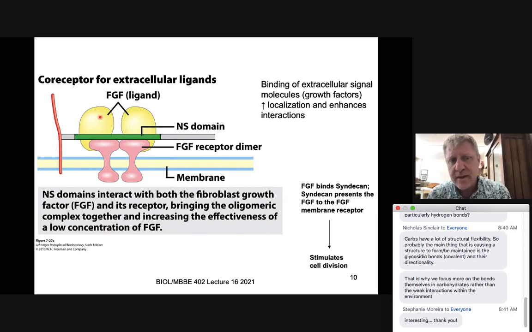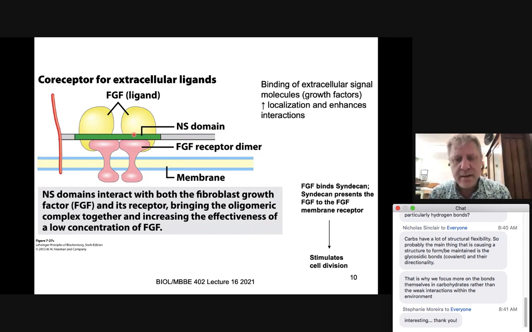And for them to find their particular target is actually going to be a needle in a haystack effect, because there's very little concentration of these, but there's going to be ideally an activational component and a coordination component to get all the receptors together, as well as giving the syndecan, in this case the NS domain, a coordination capacity, because once it's coordinated, it has a higher probability of finding the ligand to do its job.